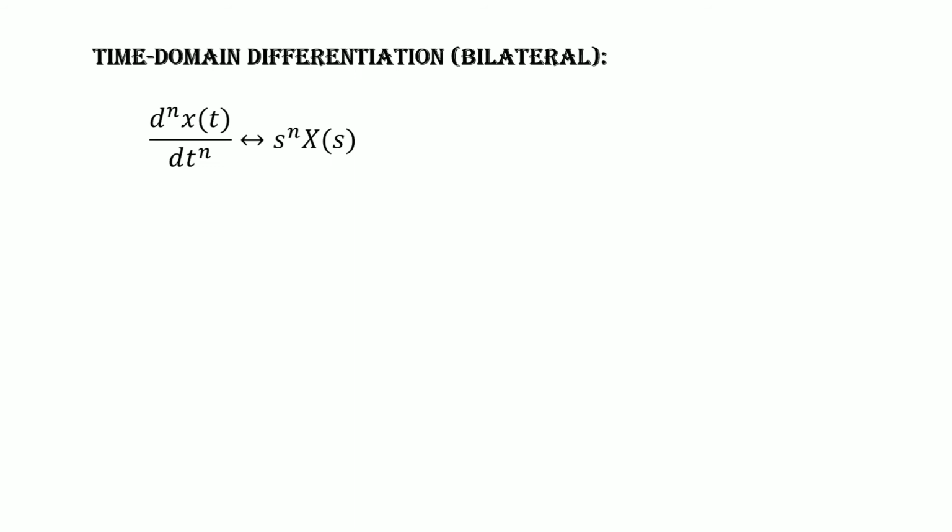Suppose we have a function x of t and we have to differentiate it by nth order, then the output will have s to the power of that order. Suppose we are differentiating d by dt one time, for u of t, then s will be outside, and for u of t the Laplace transform will be 1 by s, so it will cancel out.